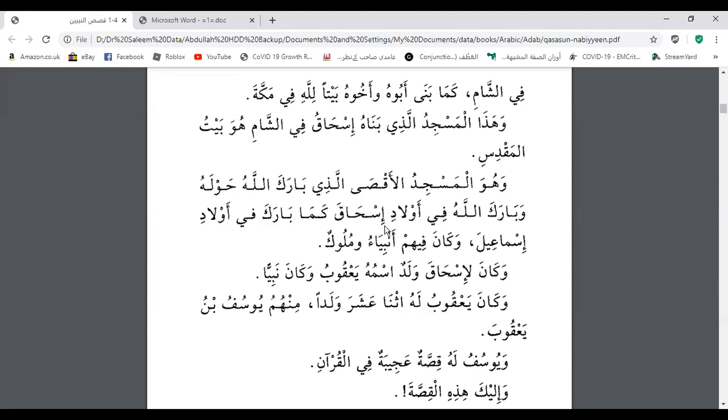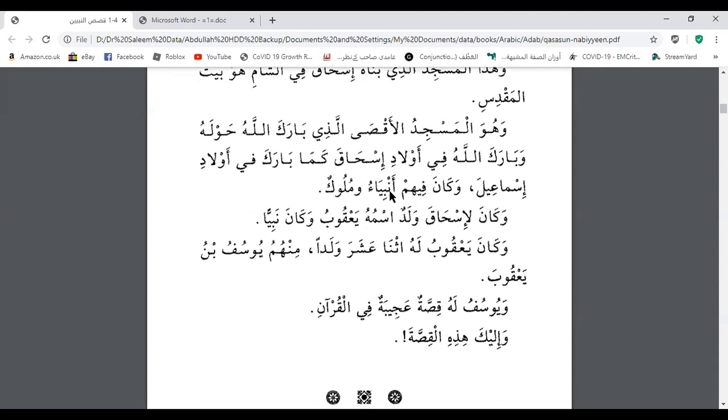Wa baraka Allah fi awlad Ishaq, and Allah subhanahu wa ta'ala put barakah, blessings, in the children of Ishaq. Kama baraka fi awlad Ismail, as he did put barakah in the children of Ismail. Wa kana fihim anbiya'u wa muluk, and among them were prophets and the kings.